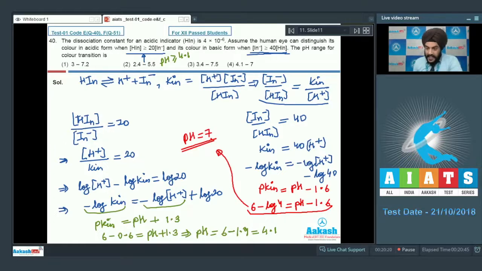So the pH has to be less than 7. So we can see that the color transition pH range of the indicator is from 4.1 to 7. So the correct answer for this question is option 4.